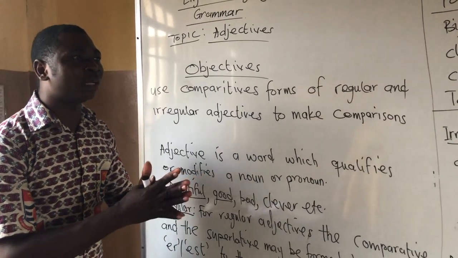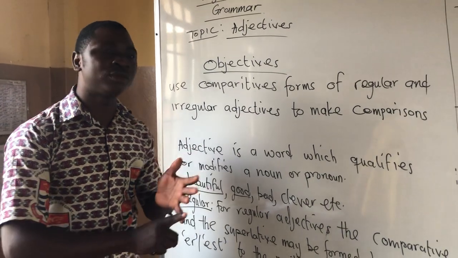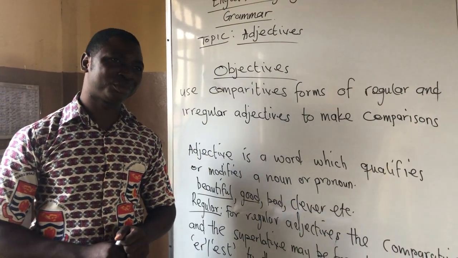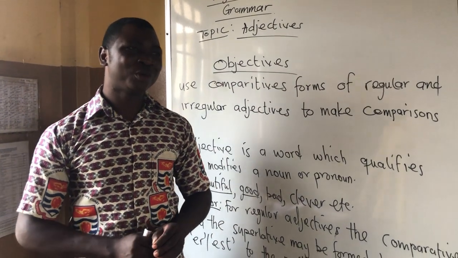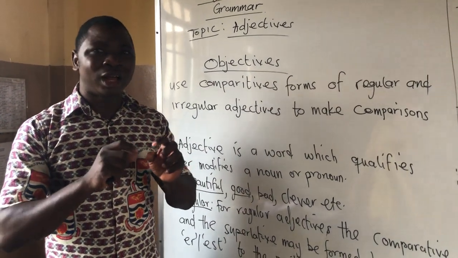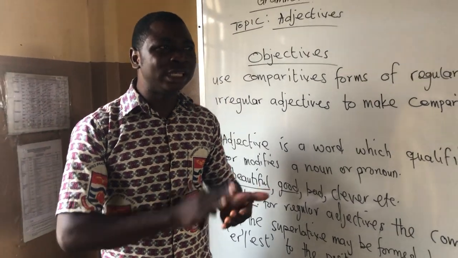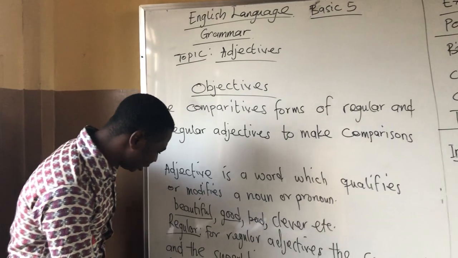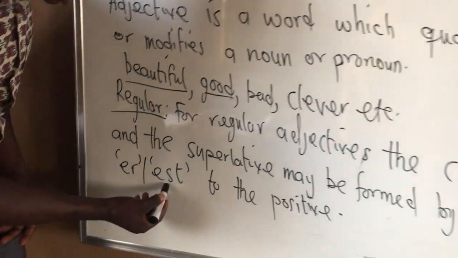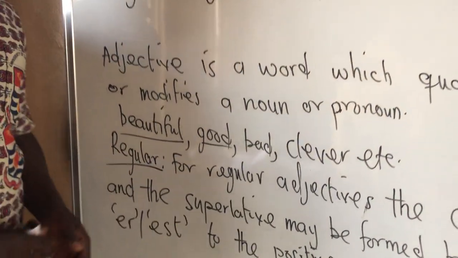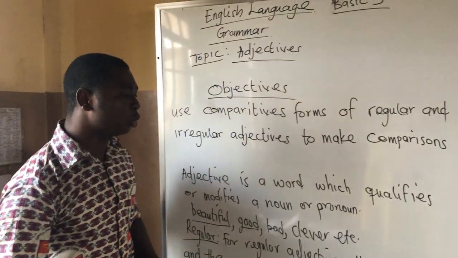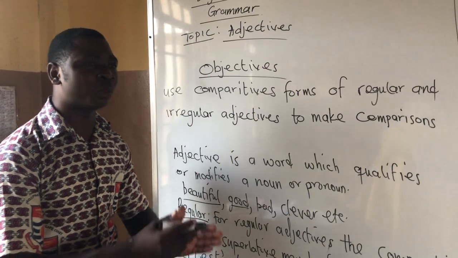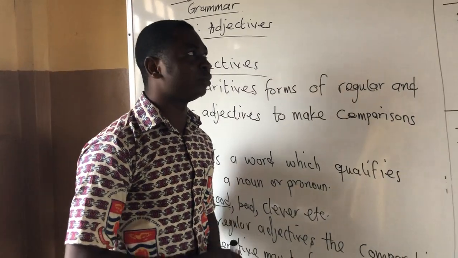So we can compare adjectives in three main degrees. We have the positive, the comparative, and then the superlative. So to form the comparison in regular adjectives, we just add er or est to the positive. When you do that, you'll be able to form the comparative and the superlative of the adjective.